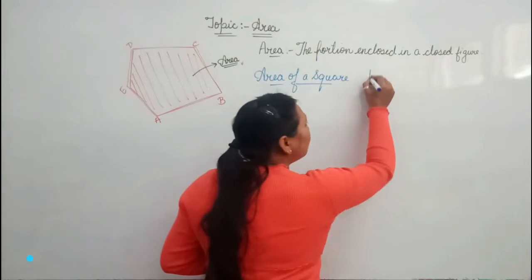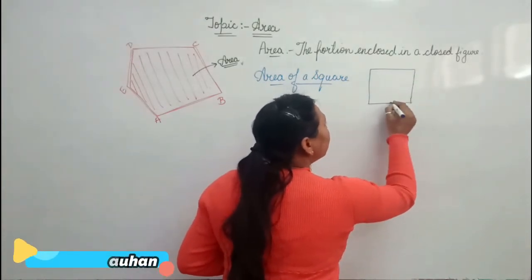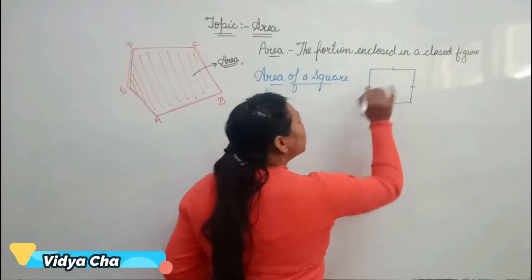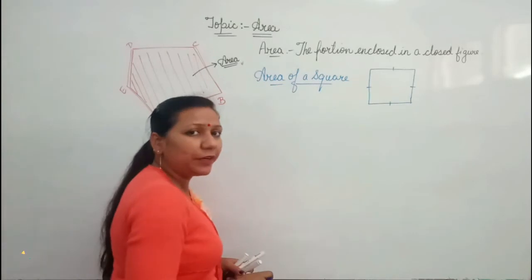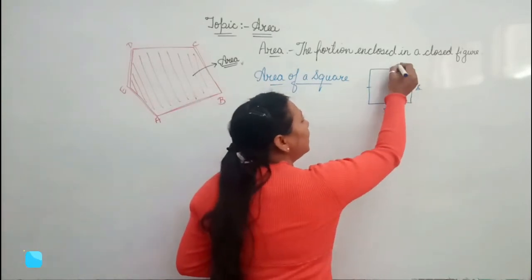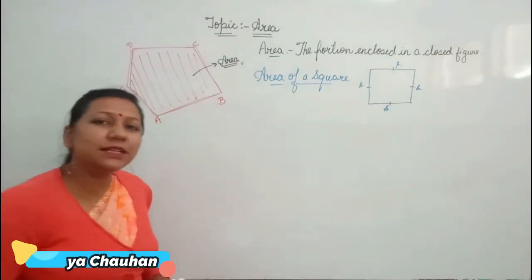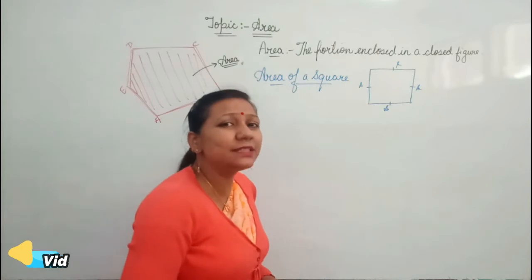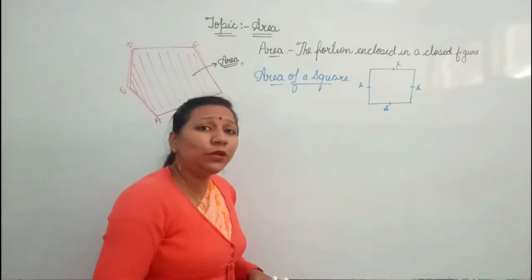Square is a four-sided closed figure whose all the four sides are equal. That means all its sides are equal. This we have already done in the perimeter topic also. Now since all the sides are equal, I can name it S, S, S and S. That means since all the sides are equal, let's take it as S unit. The side of the square is S unit.